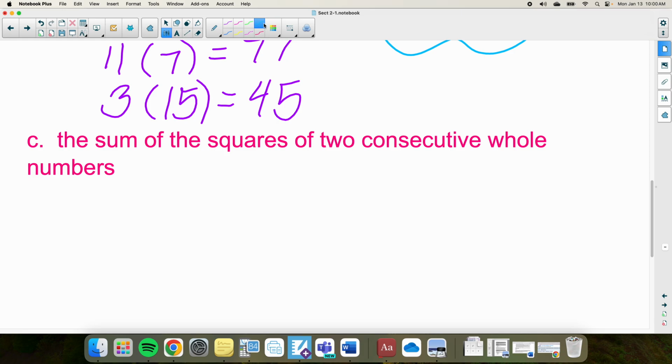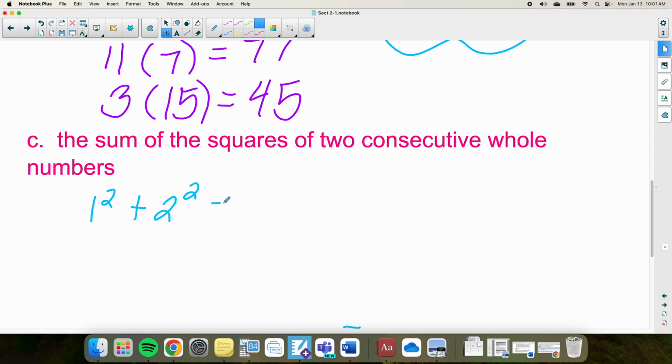Consecutive just means ones that are right next to each other. So they want us to add together the squares of 2 consecutive whole numbers. So let's try 1 squared plus 2 squared. Okay, they're consecutive whole numbers. We're adding them together and we're finding what it would give us.